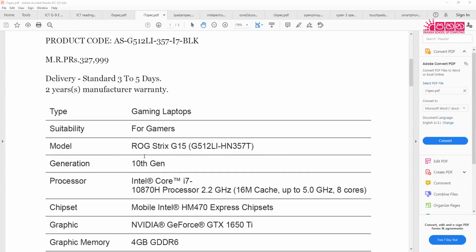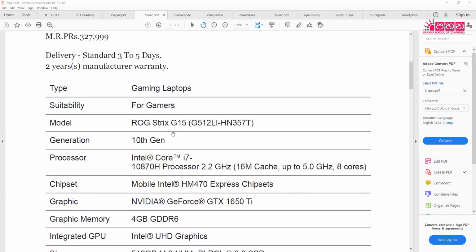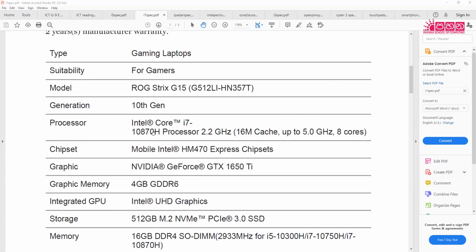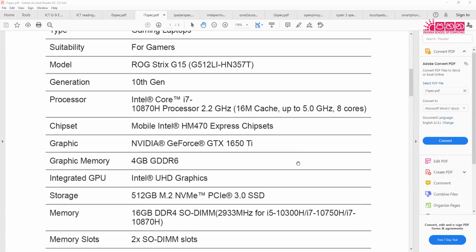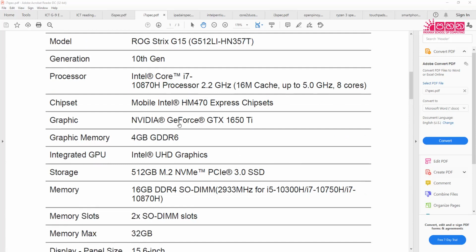It says Strix G15, 10th generation, and the processor is Core i7 Intel with 2.2 gigahertz with 16 MB cache, and you have 8 cores, right? The chipset is Mobile Express chipset.